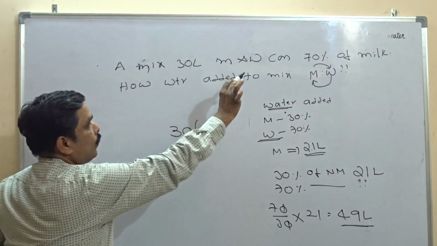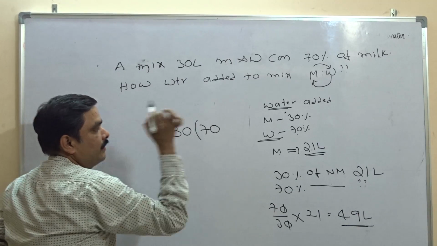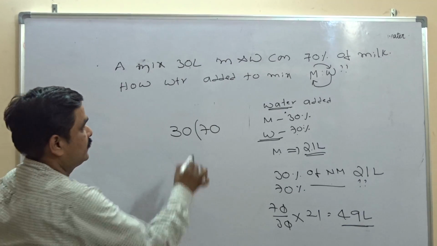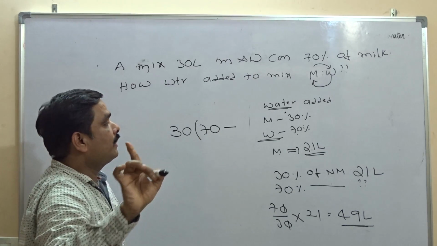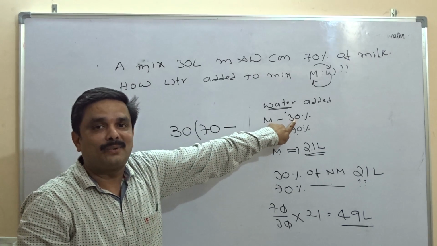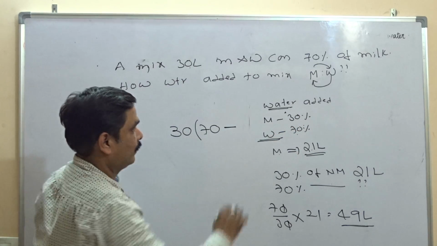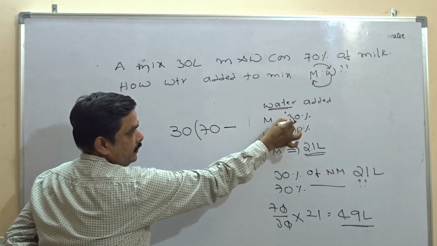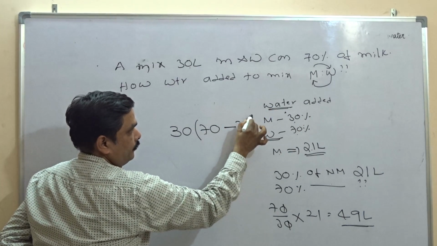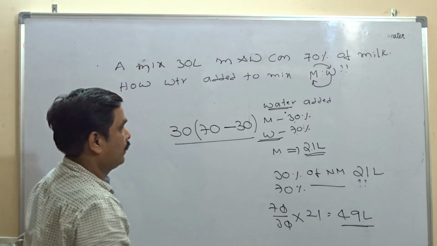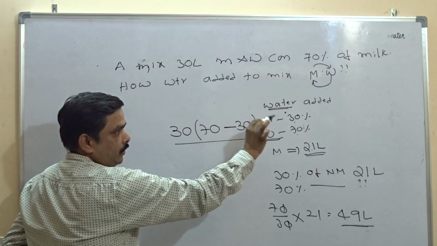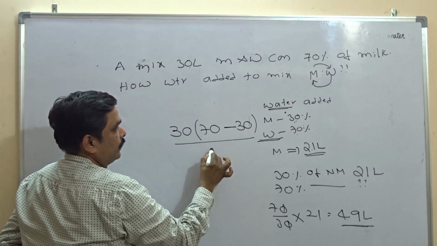Everything is in percent: original quantity of milk 70%, minus the quantity of milk in the resultant mixture, which is 30, right? Divided by, you need to take the quantity of that in the resultant one.